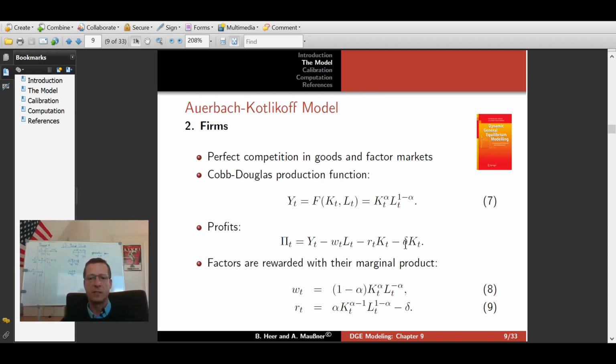We would set delta equal to 10%, and the optimization conditions here are that the wage rate is equal to the marginal product of labor, equation 8, and that the interest rate is equal to the marginal product of capital minus the depreciation rate. So marginal product of labor, marginal product of capital: equations 8 and 9.